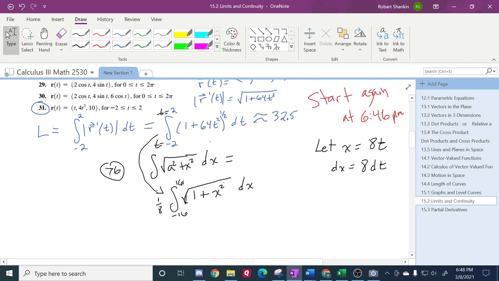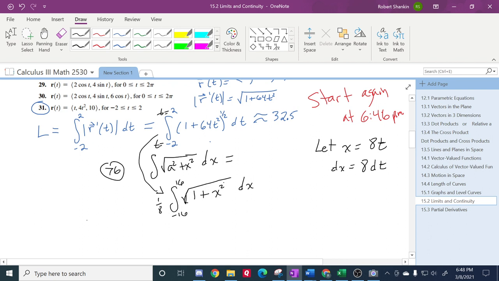And then rule 76 says this, it's kind of long.